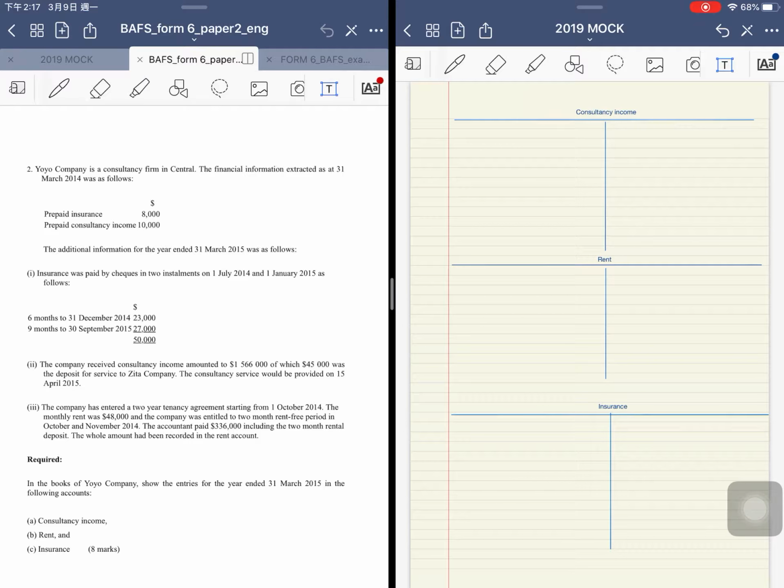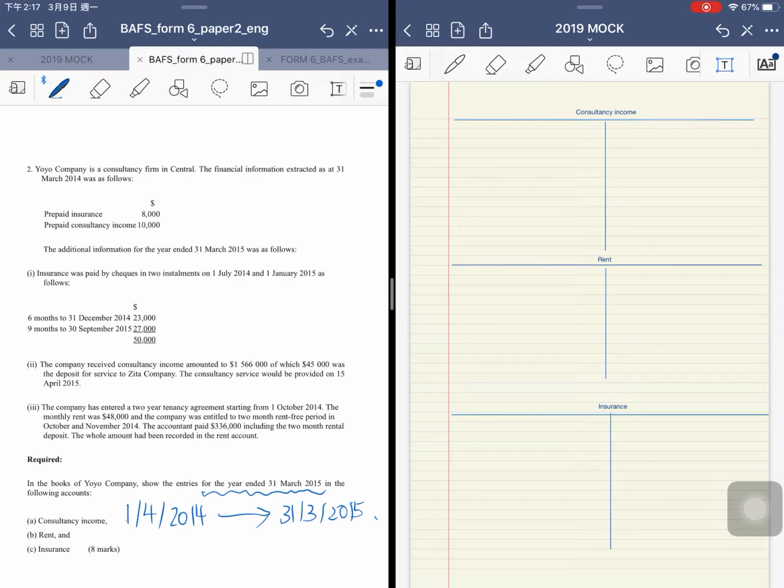The question asks us to show the entries for the year ended 31st March 2015, which means we have to include all expenses and revenue from the 1st of April 2014 until 31st of March 2015.